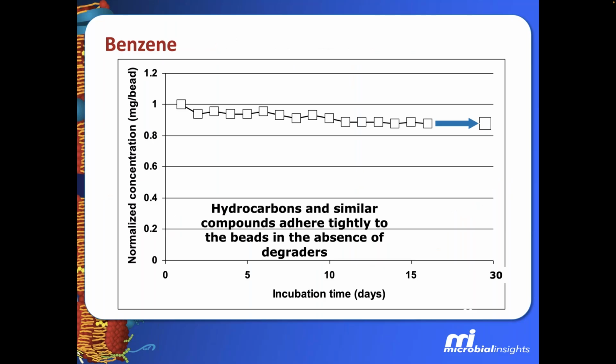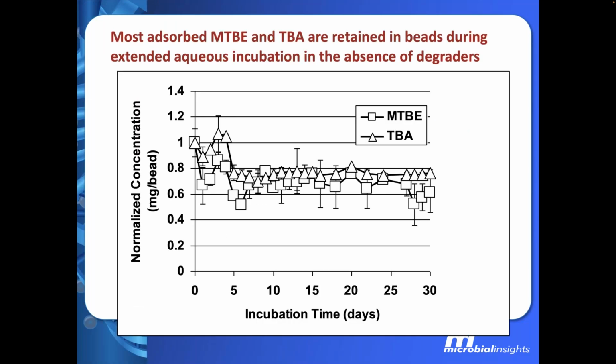A question we always get is what happens to the material that we load onto the beads. As you can see here, hydrocarbons and very similar compounds adhere very tightly to the activated carbon component of these beads, and in the absence of any biological activity, they basically stick like glue.